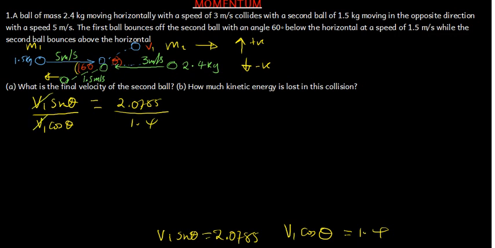Sin theta over cos theta will give us tan theta, and so that is going to be equal to 2.0785 divided by 1.4. That is 1.4846. Now I want to remain with theta, so we're going to take the tan inverse of the value which we have here, 1.4846.